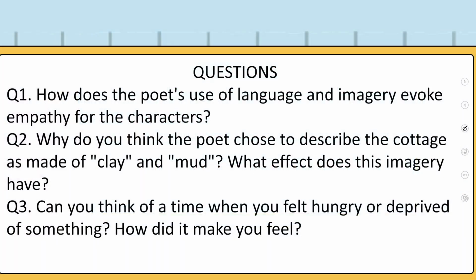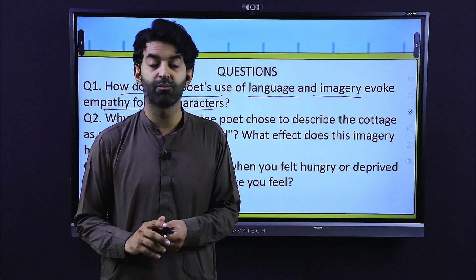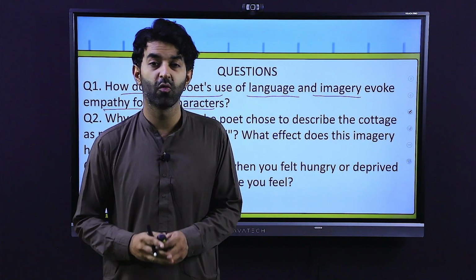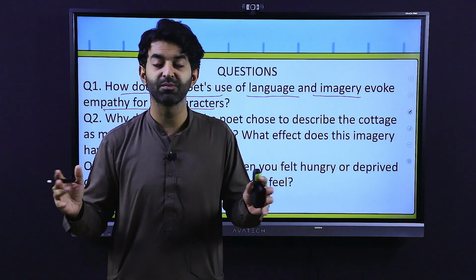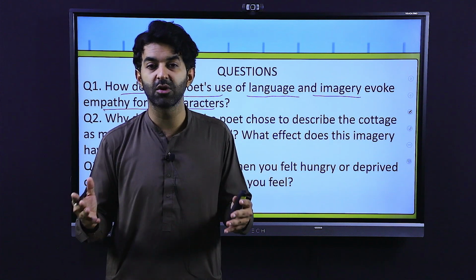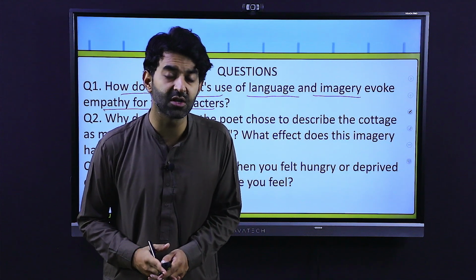Number one, how does the poet's use of language and imagery evoke empathy for the character? If you read the poem, it has a lot of different imagery, different kinds of descriptions about the poor life that they are leading, with no food, with houses made of clay. They can easily be destroyed by natural disasters and so on.